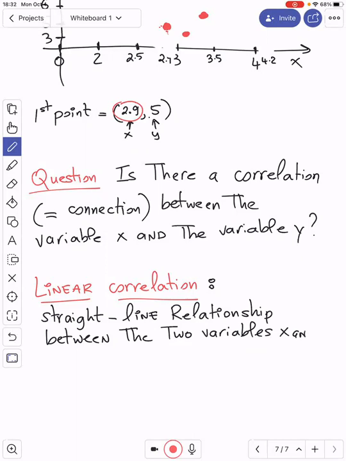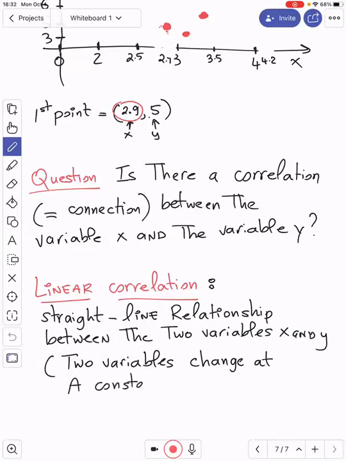When we have a straight line relationship, it means that the two variables change at a constant rate. That's what we mean by a linear correlation. In other words, the two variables change at a constant rate.